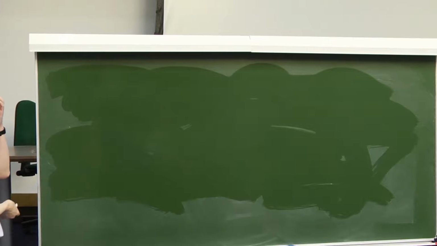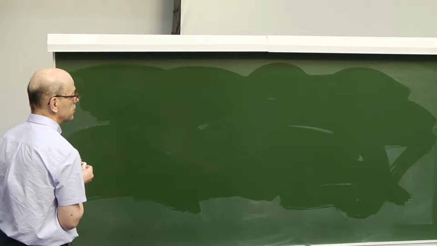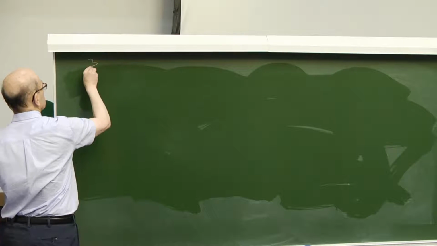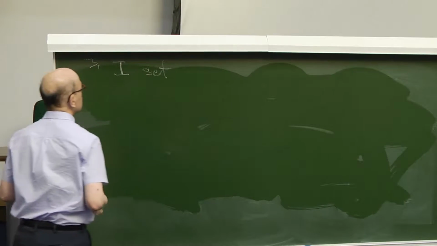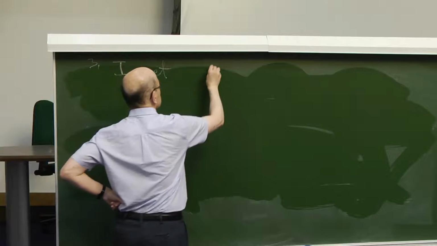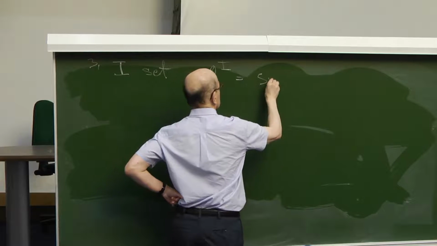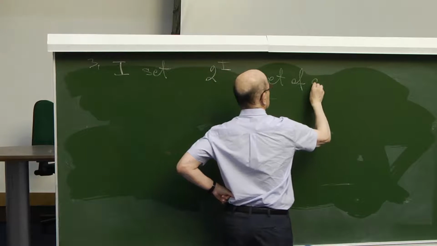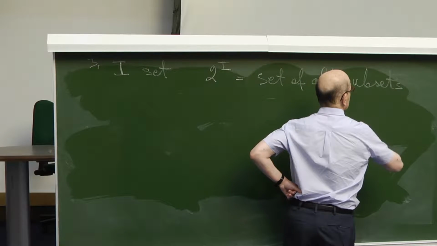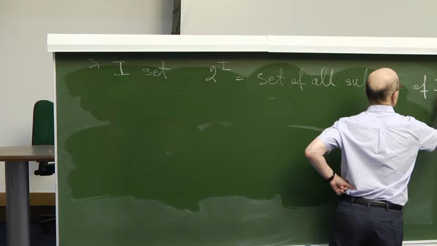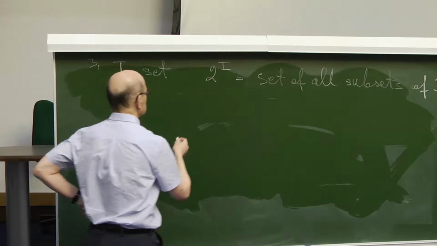All right, a more interesting example. You start from an arbitrary set I, and you consider its power set, 2 to the power I. It's the set of all subsets of I. Now what is the partial order? That's just inclusion.